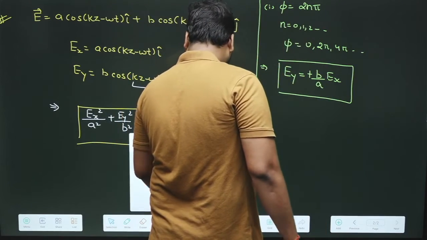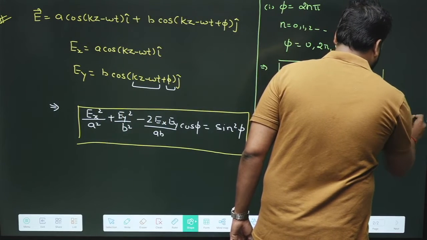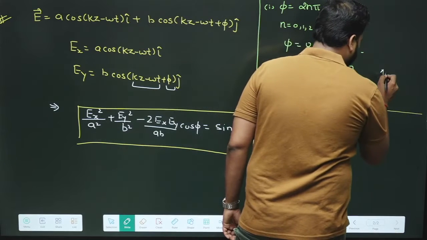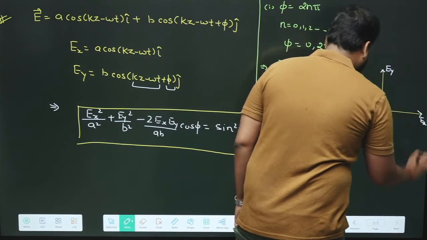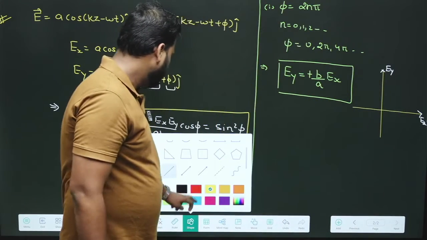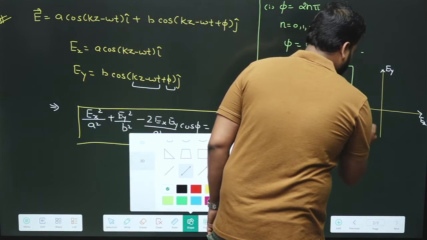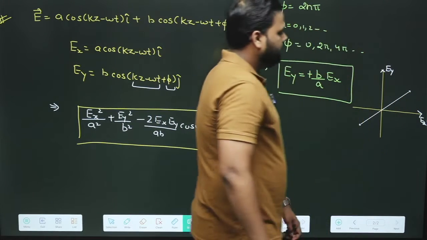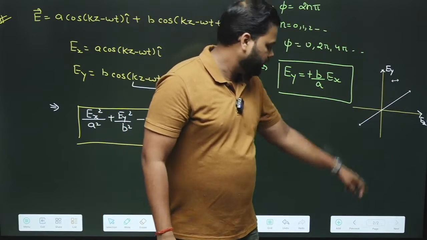I'm going to draw this again. x-axis, y-axis, Ey, Ex, and like this. In this way, the tip of the electric field is going to span the straight line.